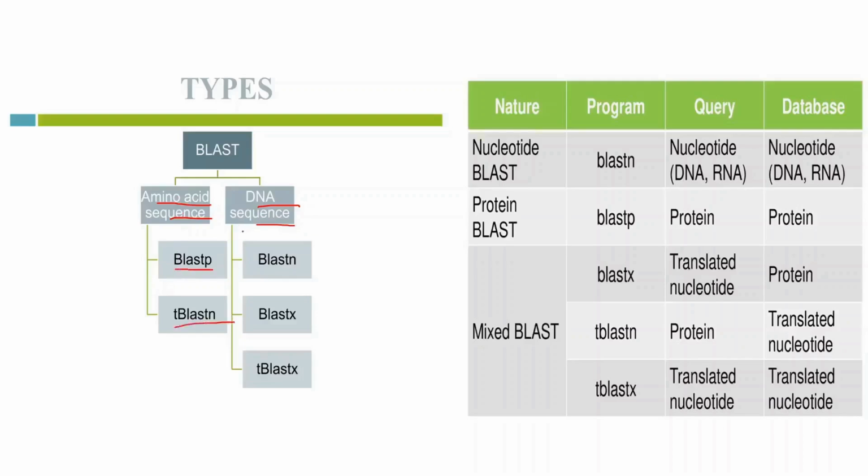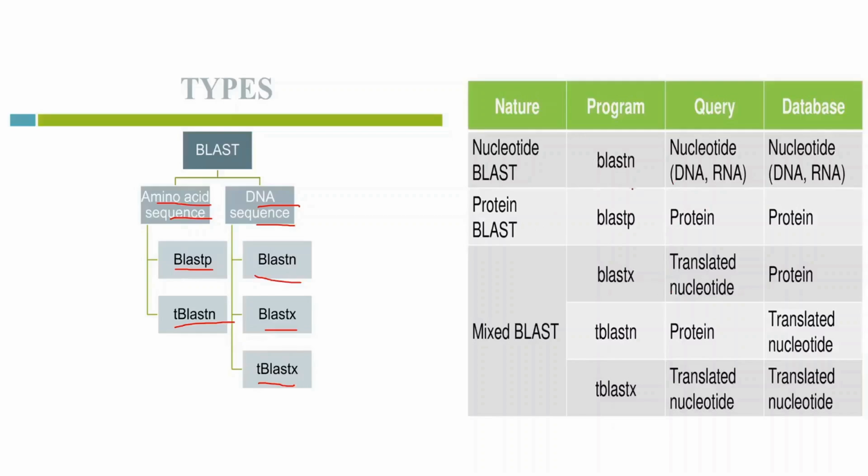In DNA sequence there are BLAST N, BLAST X and TBLASTX. Many questions have been asked in previous year questions from this column, so we will see it very carefully.